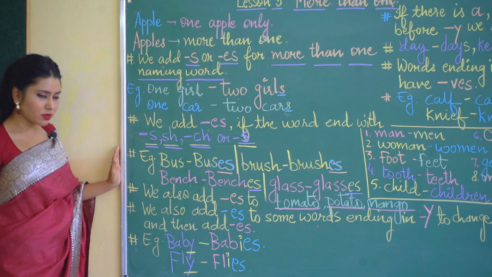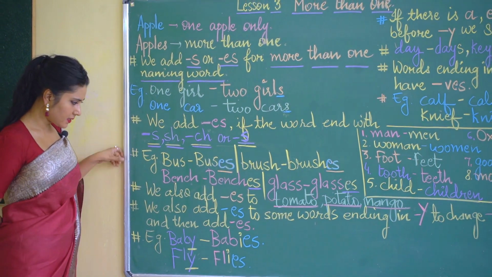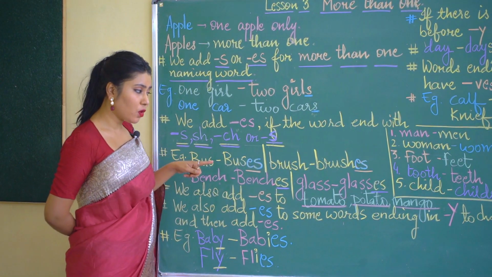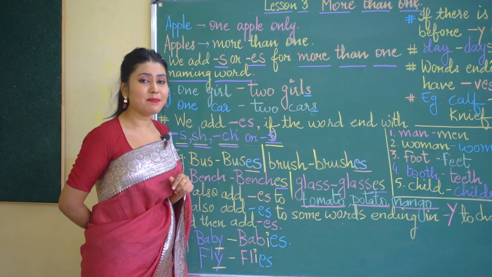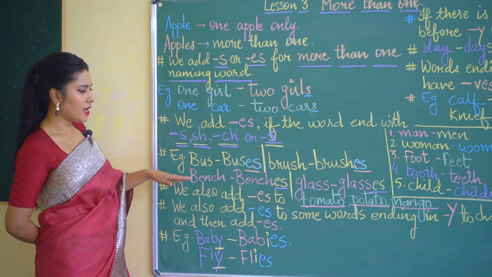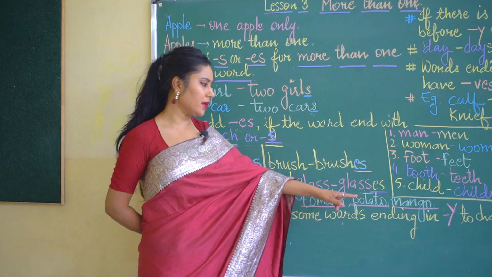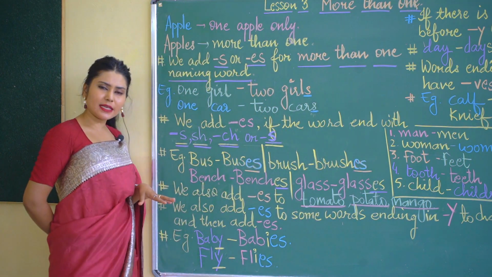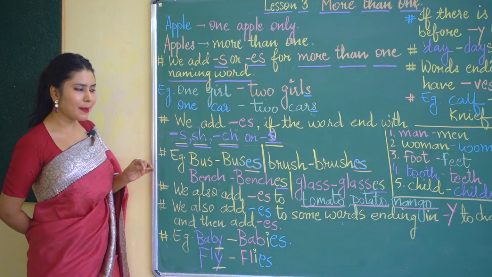Moving to the next rule which is written here, children, we also add ES to tomato, potato and mango. Children, see, they are all ending with O. Can you hear me and see on the board? These are special cases which you need to learn by heart.